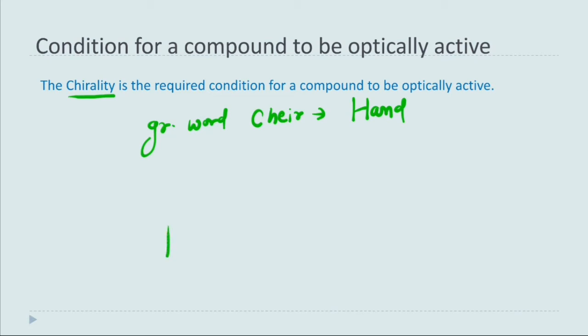Suppose this is the diagram of a hand. Okay, so can you apply any plane which can dissect this hand into two similar parts? Let's try. If we dissect from here or apply a plane from here, we can see that both these half parts are not similar.